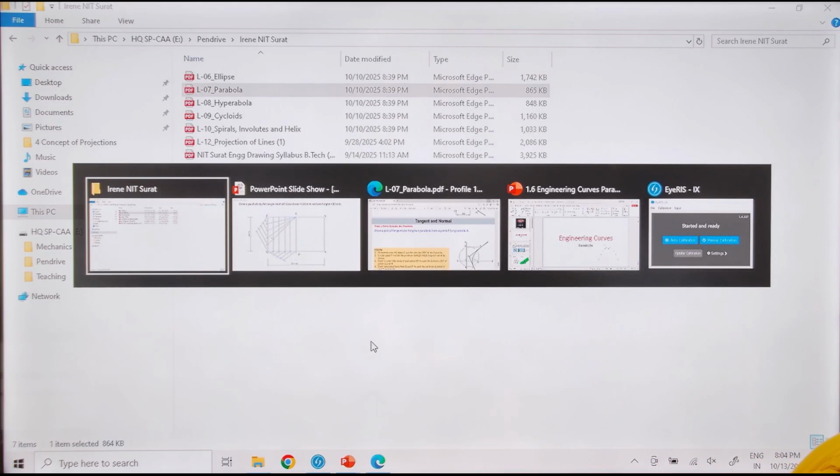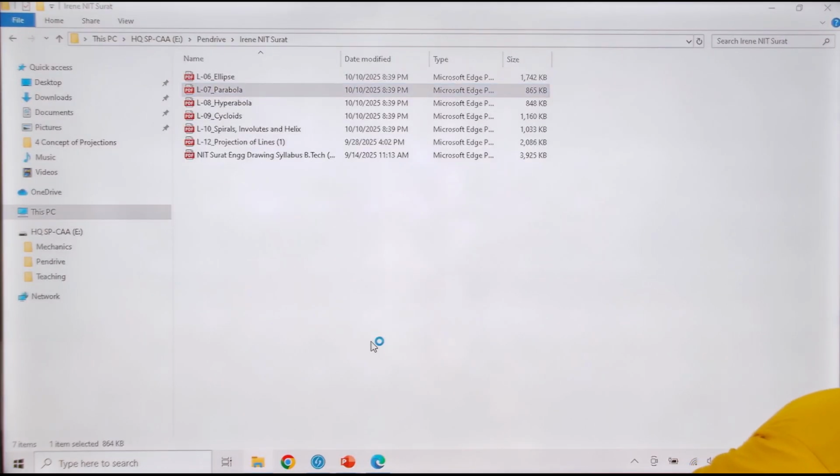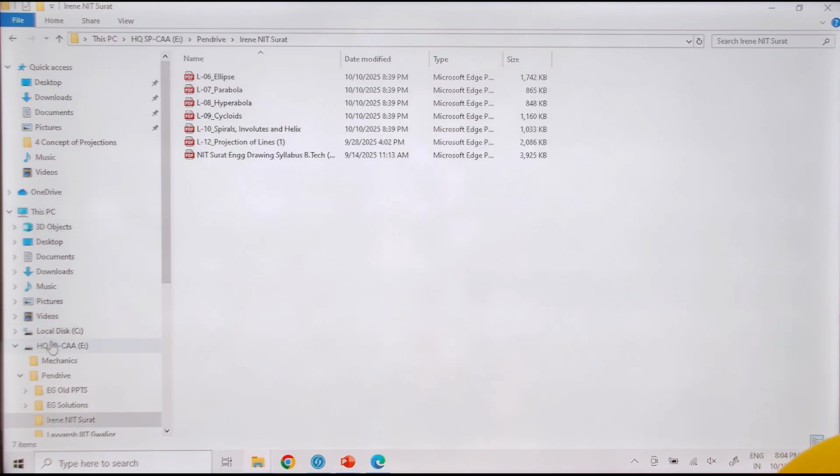Give me 1 second. Ellipse, right? So for the ellipse, we had done one small extra addition.